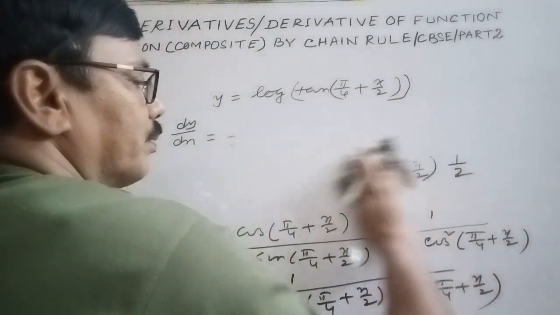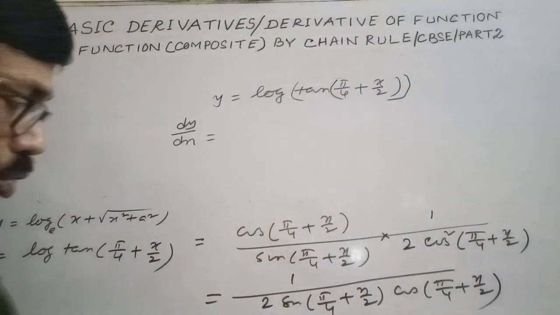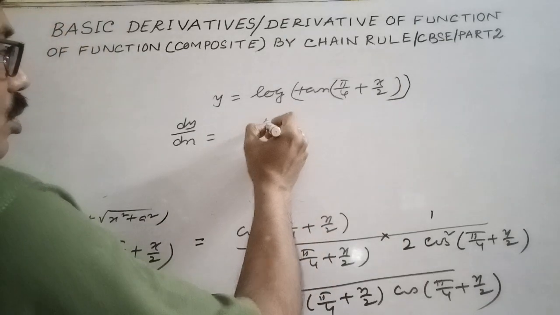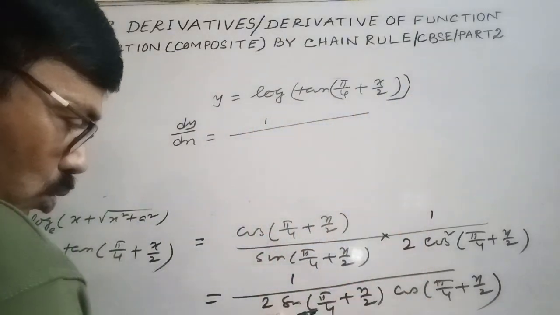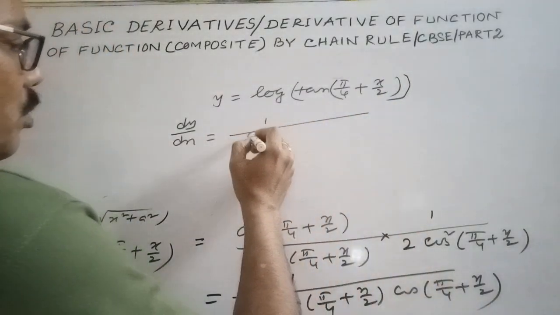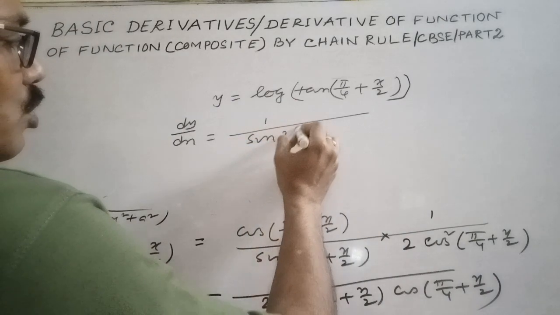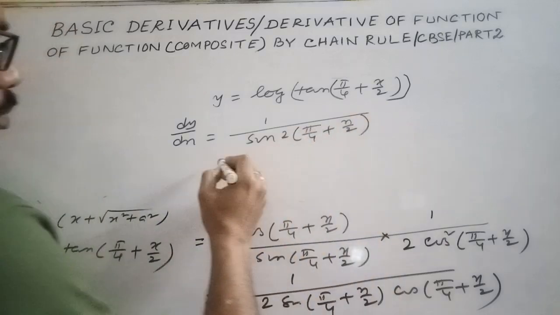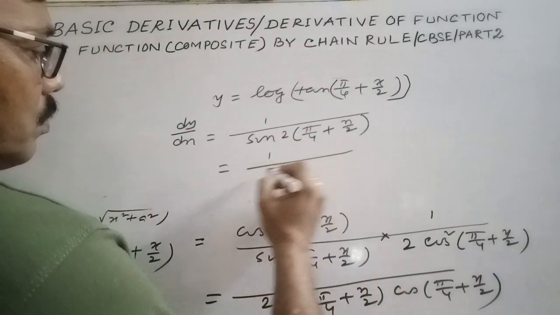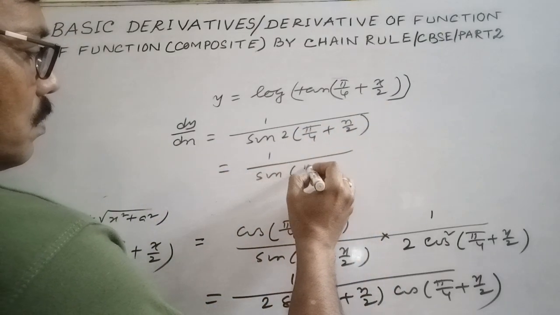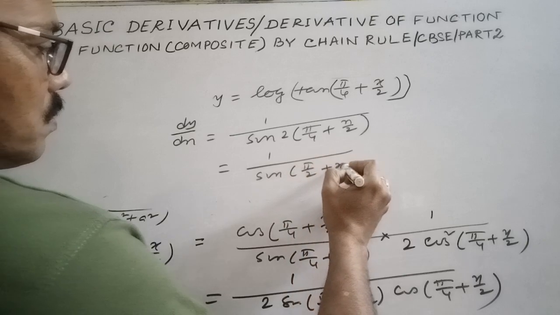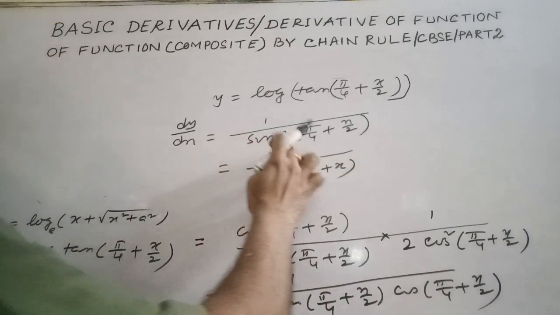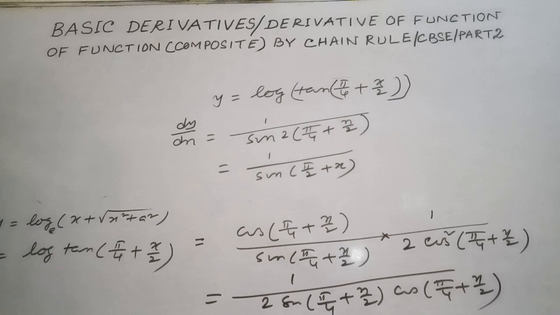Now 1 by 2 sine a cos a. So the formula is 2 sine a by 2 cos a by 2, so sine 2a. So 2 into pi by 4 plus x by 2, sine pi by 2 plus x.